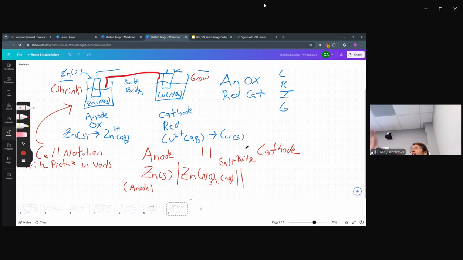And then you do the opposite. You did liquid, solid. So go solid, liquid, liquid, solid in this case. So copper nitrate. Then copper solid.